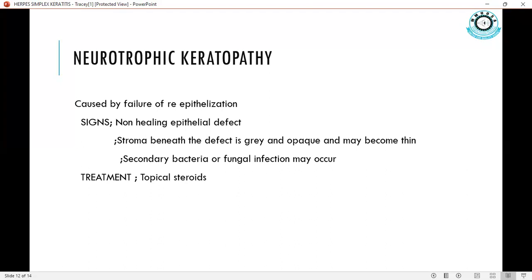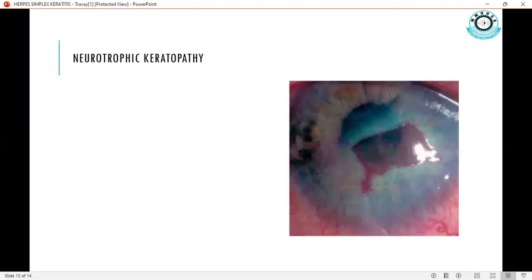The treatment for neurotrophic keratopathy, you use steroids to control the inflammatory component. And that's the picture of a neurotrophic cornea, stained with rose bengal.